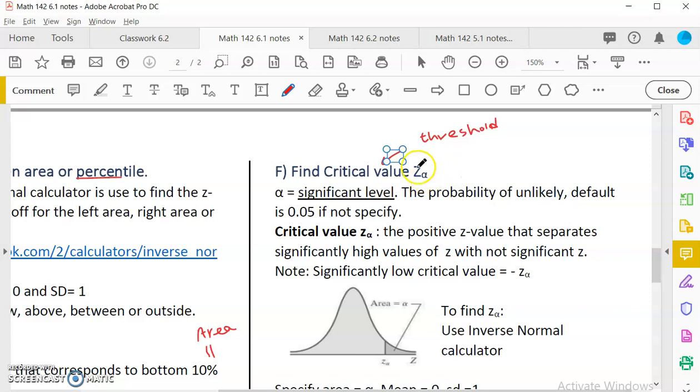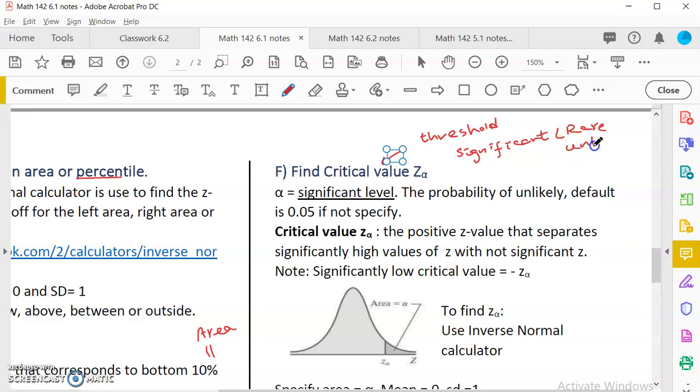So we call it Z alpha. Why? Because this cutoff is related to what is unlikely, a significant value. It's a cutoff: if it is below that, those Z values are very significant, meaning very unlikely, rare and unlikely.